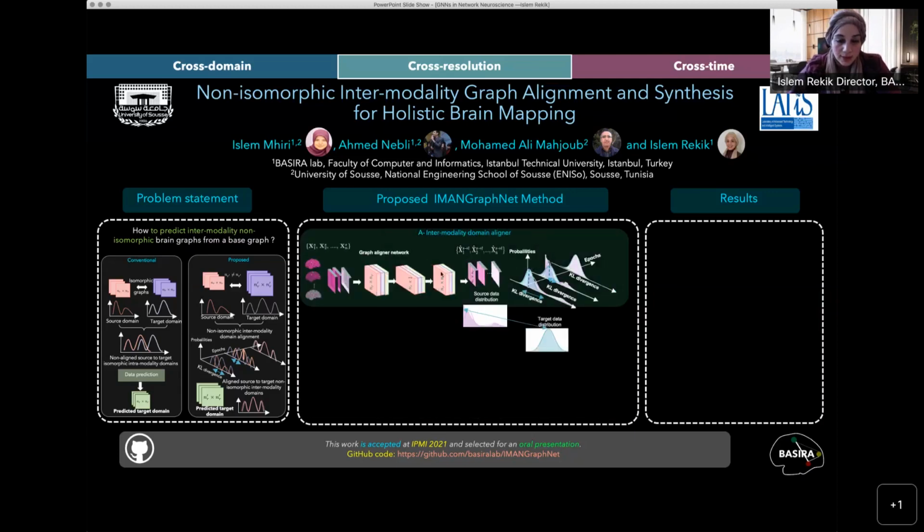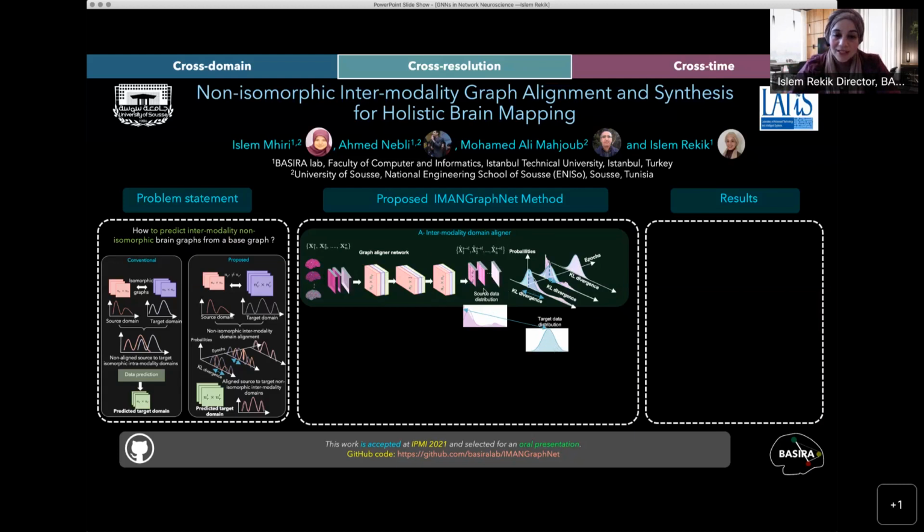Through this aligner network, we want to minimize the KL divergence over a long training between the source distribution, which is the purple one, and the target distribution, which is the blue one. You can see here they're completely aligned. After these networks pass through the aligner, their distribution will be aligned to the target domain. So you still have X source network, but it's aligned towards the target in distribution.